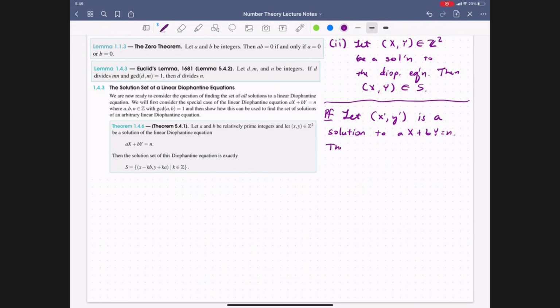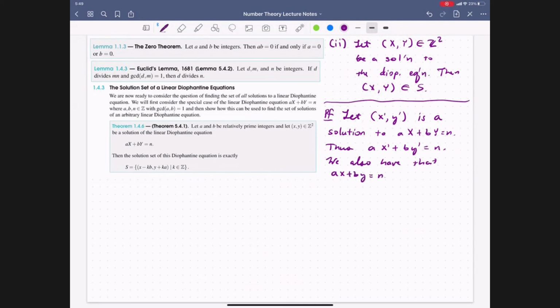So in other words, we have ax prime plus by prime is equal to n. That's our assumption. We also have that ax plus by is equal to n.